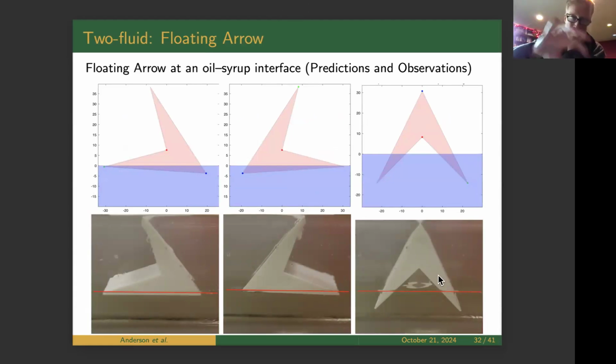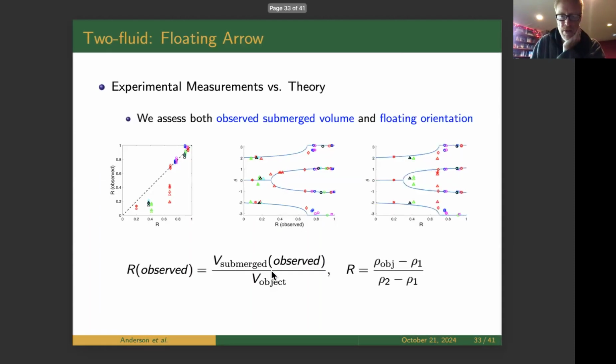And then if it tips one way or the other to these states, that's what we see for small density ratio. For large density ratio, it's kind of an upside down version of that. So it's like a V floating V shaped. So we can do a pretty good job of comparing observations with predictions there.